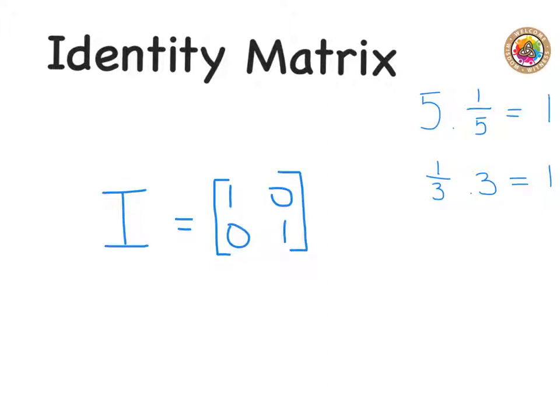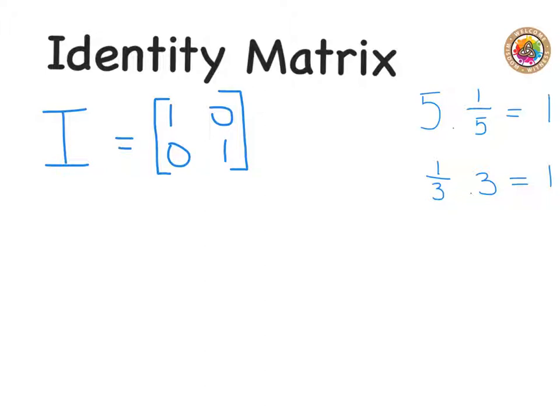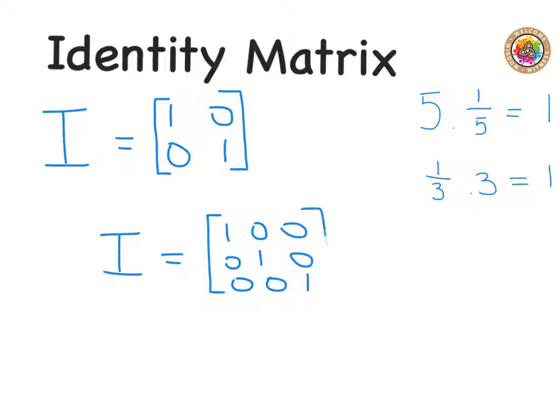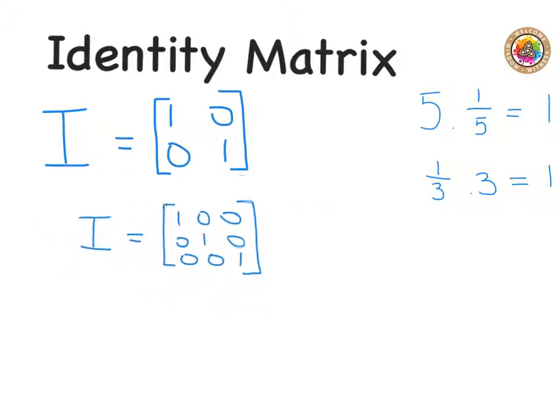If it was a 3 by 3, we would have I is equal to 1, 0, 0, 0, 1, 0, 0, 0, 1. And so you can see the important pattern with an identity matrix is the diagonals only have the value of 1 and everything else has the value of 0.